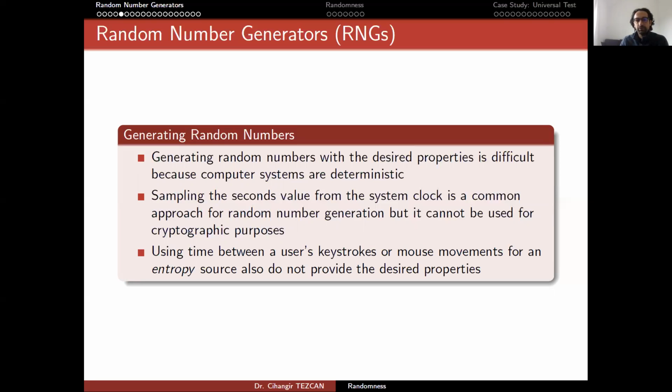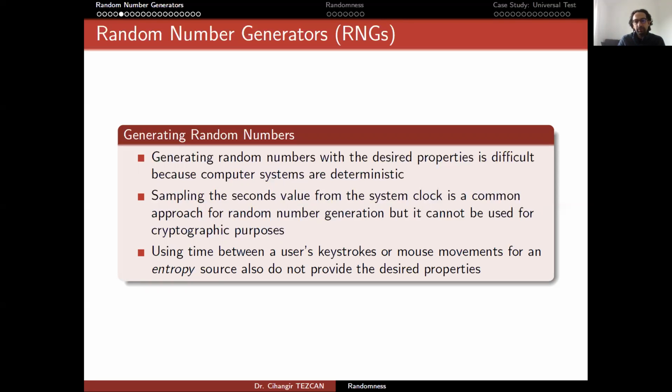Using time between the user's keystrokes or mouse movements as an entropy source also does not provide the desired properties. This is a better approach than using the seconds value taken from the system clock. But still, probably you're familiar with some applications or operating systems that ask you to move your mouse on the screen for some time, and they capture data from your movements, and this way they generate some zeros and ones.